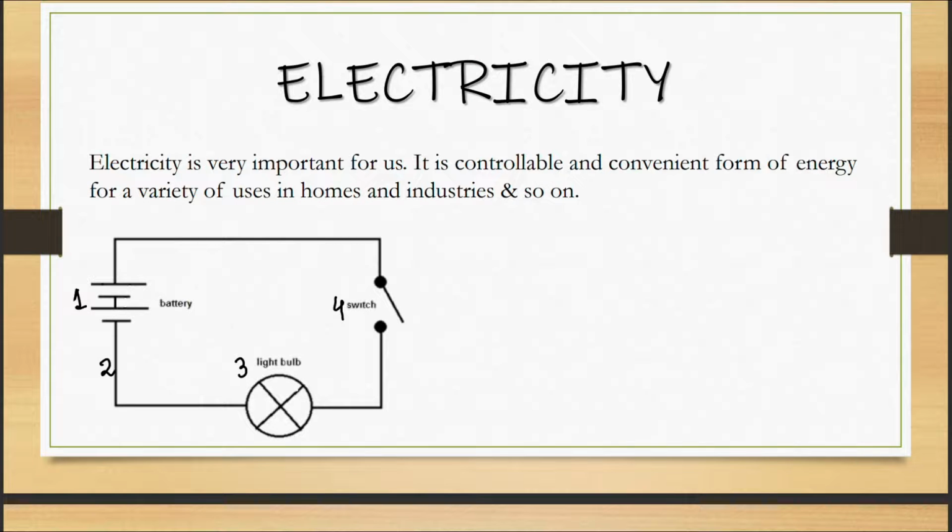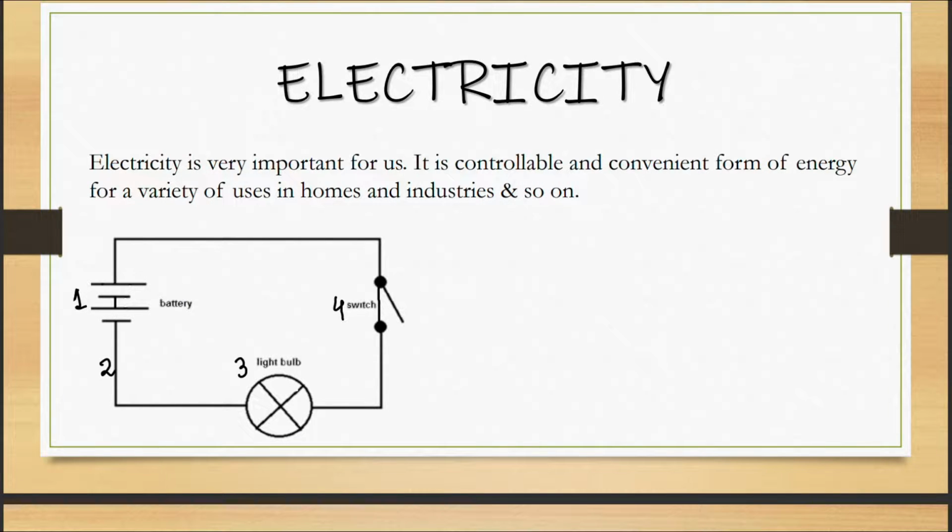So we have 4 components through which we can make a closed circuit. Why am I calling it a closed circuit? Because whenever I connect the switch, or we can say the key is closed, the circuit becomes closed.